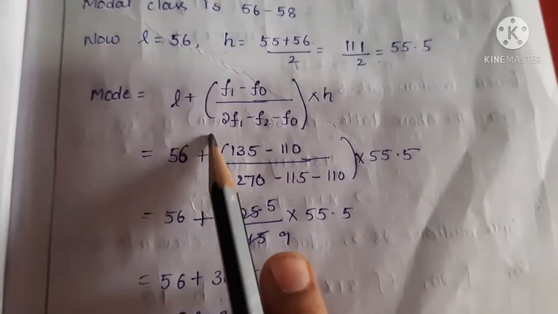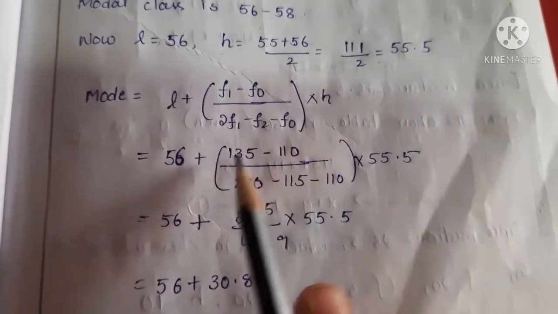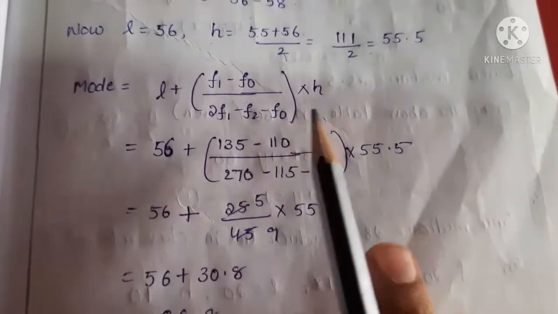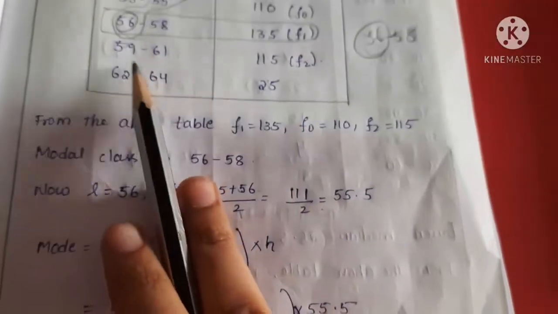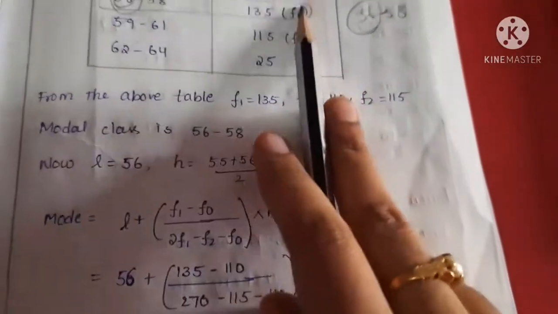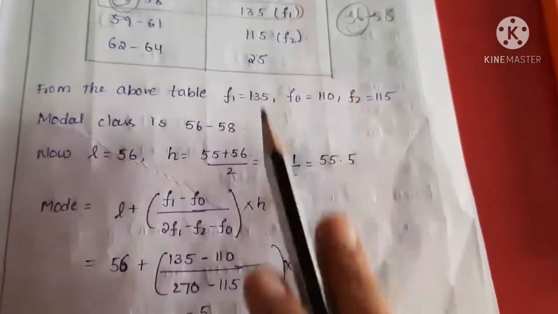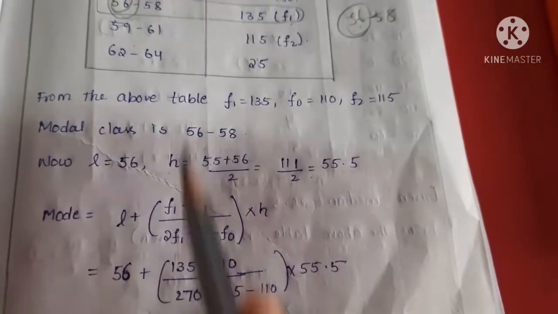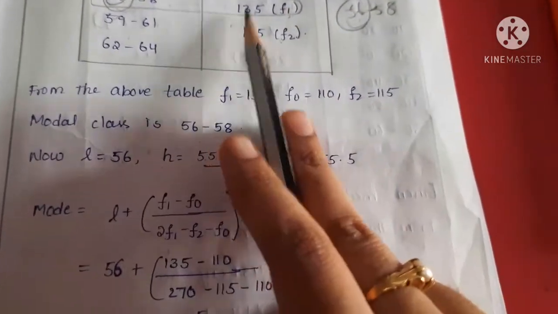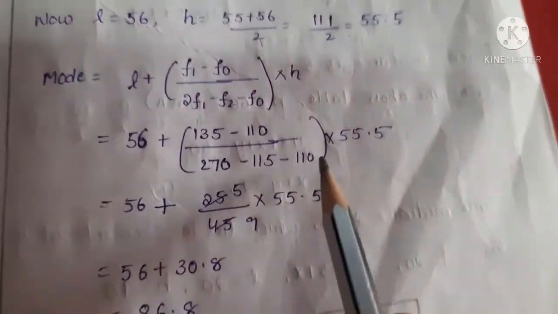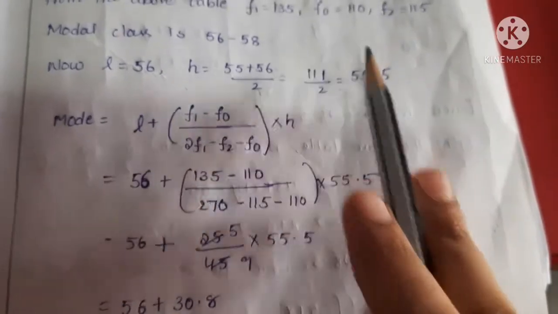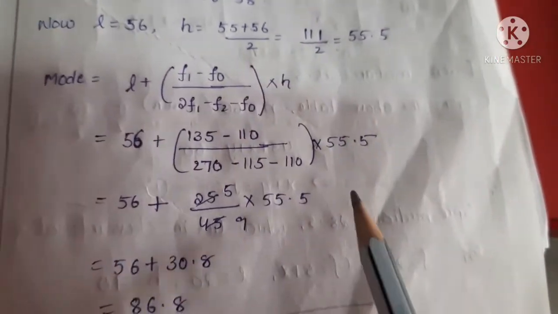Mode equals L plus (F1 minus F0) by (2F1 minus F2 minus F0) into H. The lower limit L is 56.